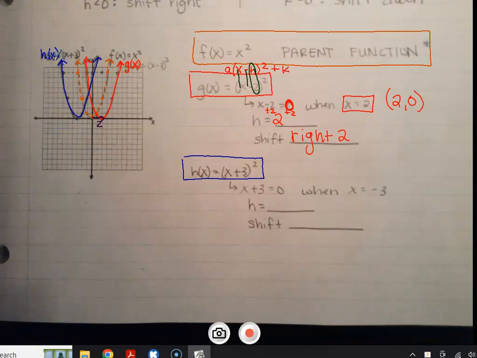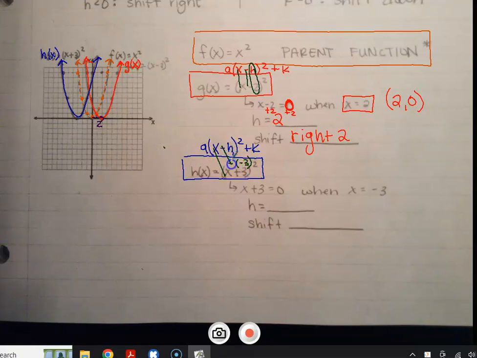Okay, so if we look at this one, we're going to compare, right? It's supposed to be a times the quantity x minus h squared plus k. Okay, so we have an x, and wait a minute, we don't have a minus, we have a plus. So we need to change this. It'd be the same as minus negative 3, right? Is how we would get that.